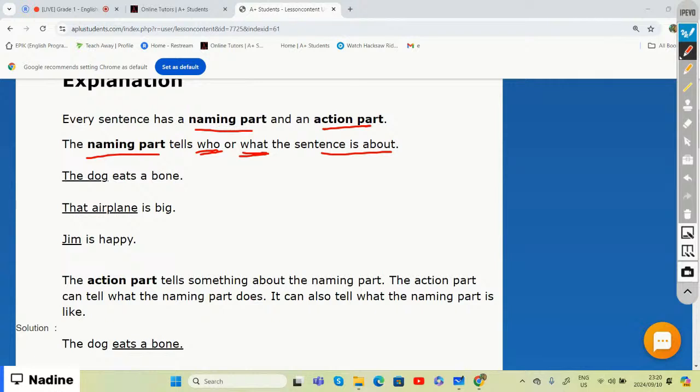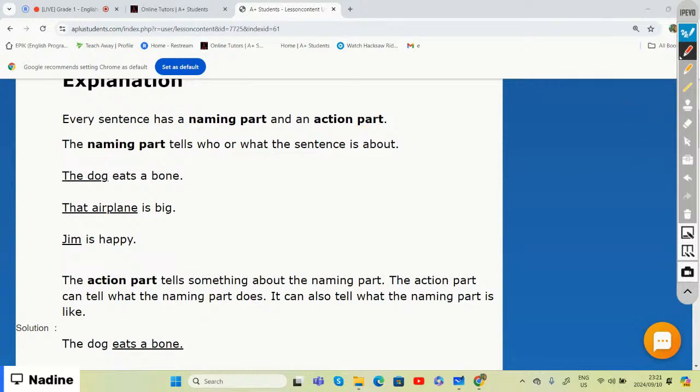And then we have the action part, which tells us what the person or thing is doing, what the naming part is doing, or what the naming part is like.